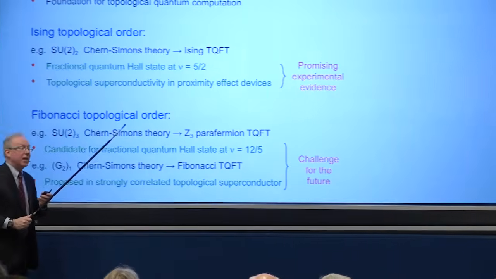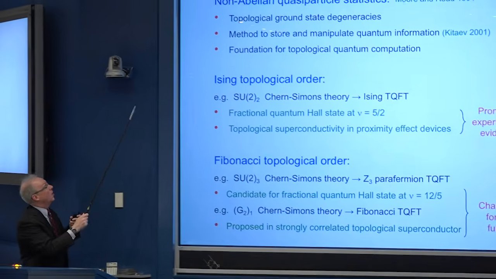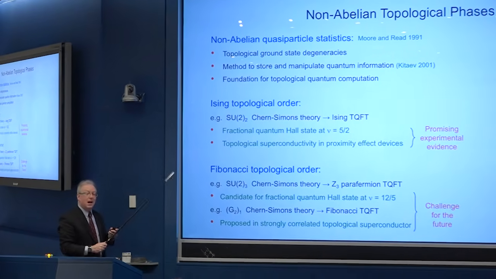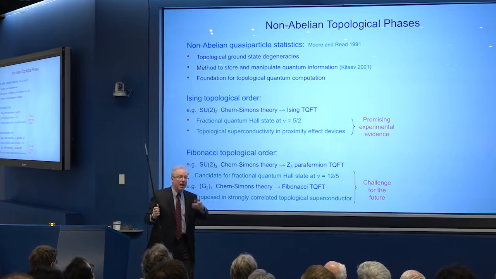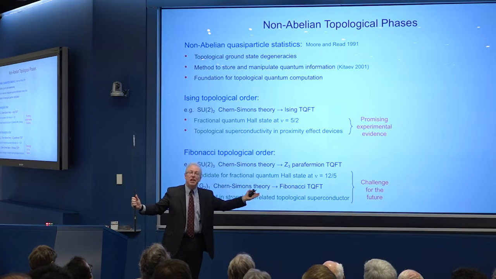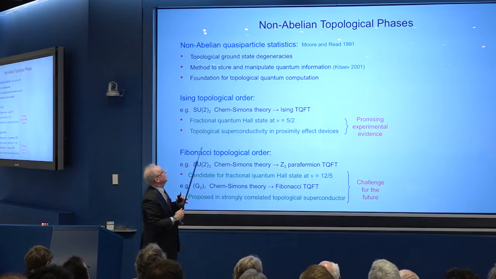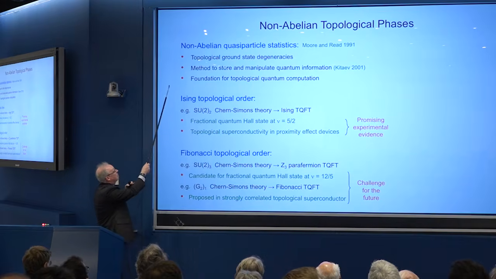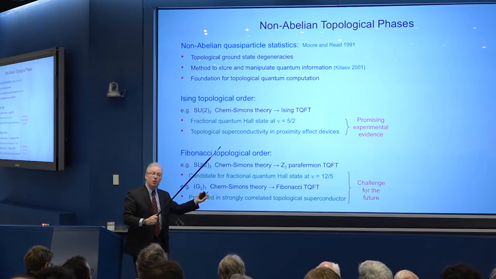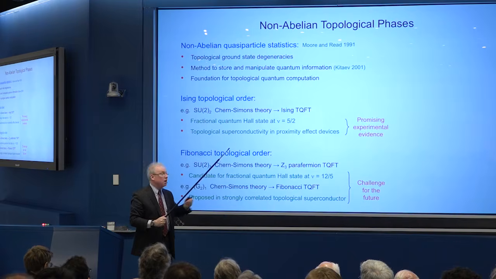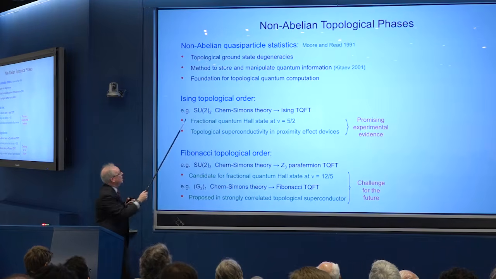And so I have 10 seconds left. I want to say just a word about non-abelian topological phases. Once we understood that, one can think, are there generalizations of this? And so there are generalizations, non-abelian topological states, and Mike Freedman explained how those can be used for quantum information to make a quantum computer.